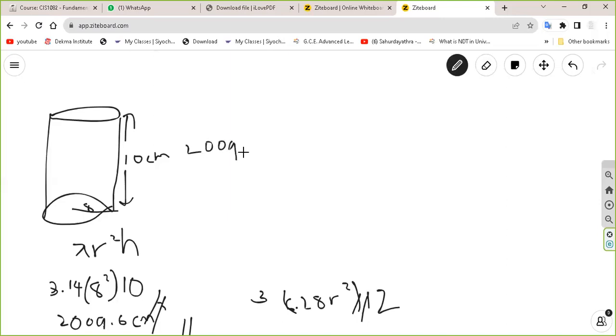2009.6 equals 12 times 6.28 r squared plus 125.6.